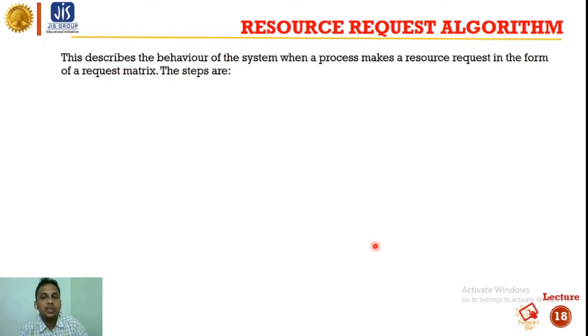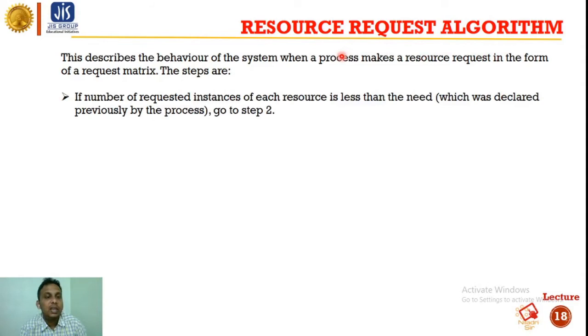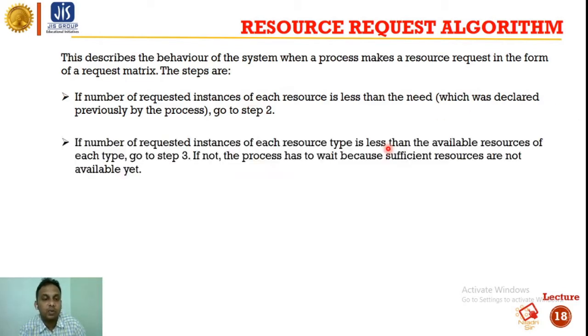So what is the resource request algorithm? This describes the behavior of the system when a process makes a resource request in the form of a request matrix. The steps are: if the number of requested instances of each resource is less than the need, then go to step 2. If the number of requested instances of each resource type is less than the available resources of each type, go to step 3.